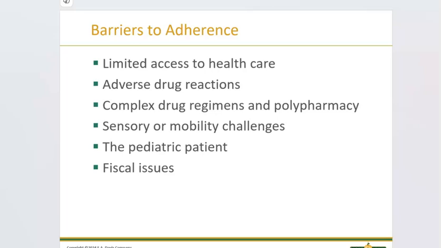Obviously limited access to care is going to be a big thing. If I give somebody a drug called warfarin and say you need to go to the clinic every 14 days and check your INR, and they can't afford to get to the clinic, they don't have a car, they don't have a bus pass, they can't even get there, obviously we're probably not on the right plan and they're not going to adhere to it.